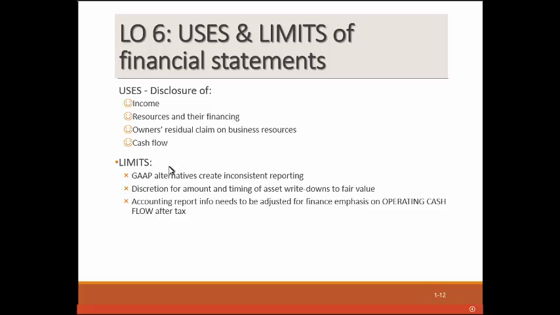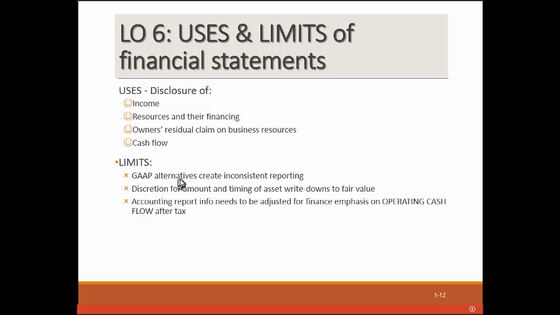The limits of the financial statements is that comparing one company to another company may not always be straightforward because U.S. GAAP, generally accepted accounting principles, permit different accounting methods to account for similar types of transactions.